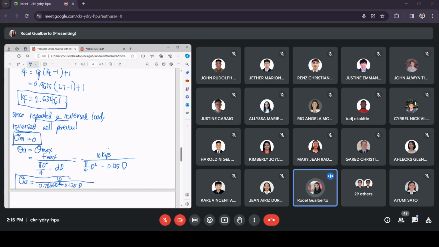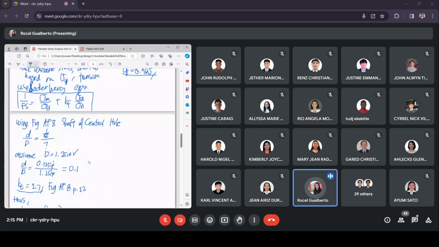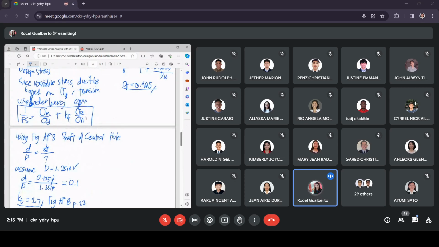Ayan po. Just have here the real value. That would be your sigma A. So, this would be your sigma A: 10 over 0.7854 D squared minus 0.125D. And then you go back again to your Soderberg. So, sigma n, yun na lang po yung locking.